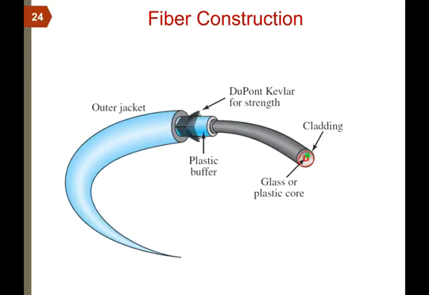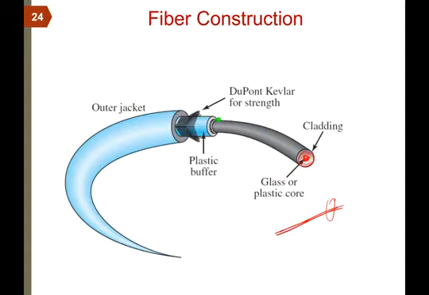So this is not like a coaxial cable, two parts that combine to make this. It's just a glass, but when it's constructed, the density of this is different from the density of the cladding. Therefore, this can trap the light inside.